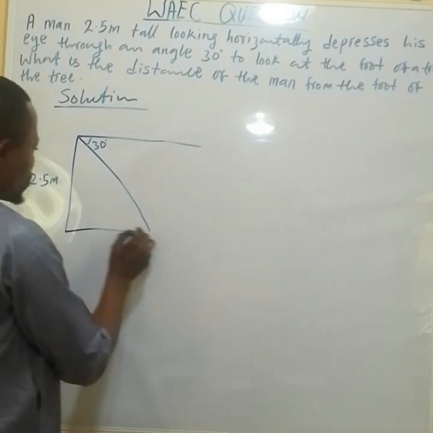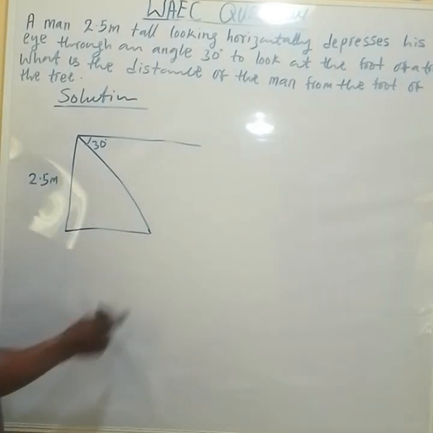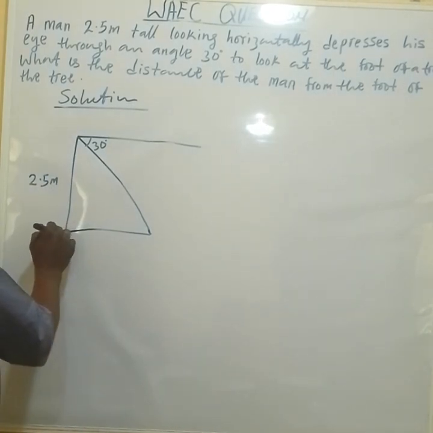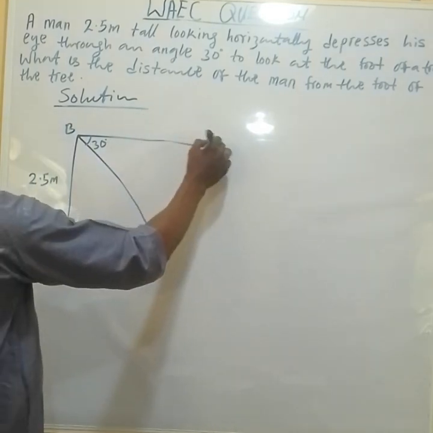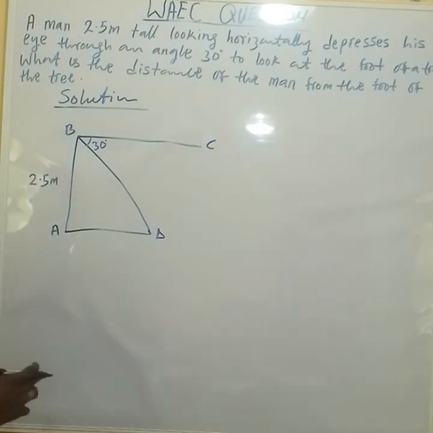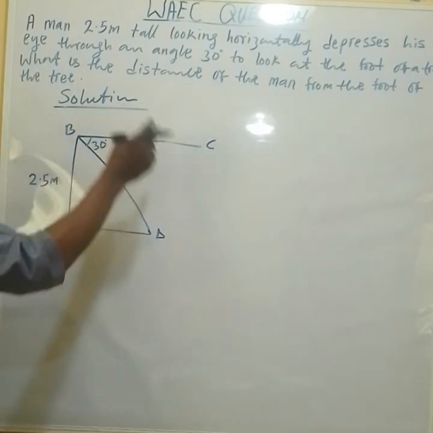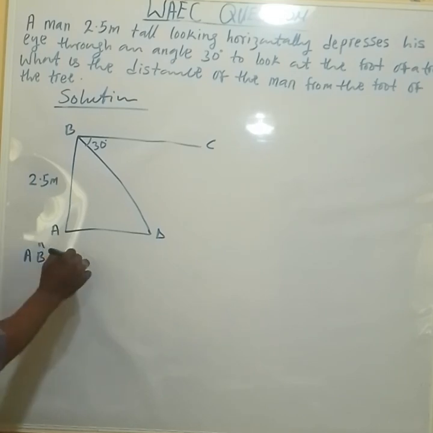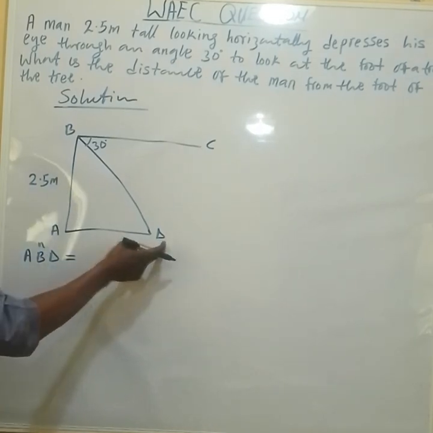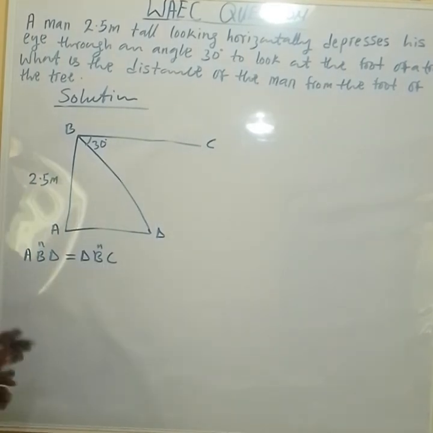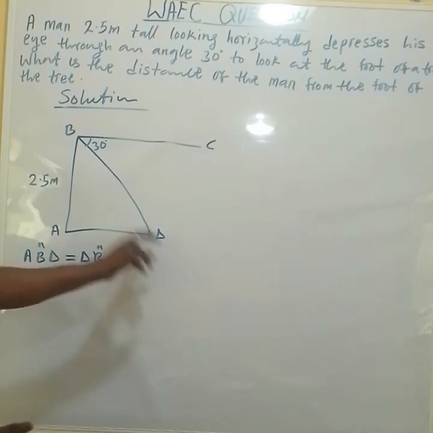So we have the angle like this now. We label it A, B, C, and D. Angle ABD equals angle DBC.